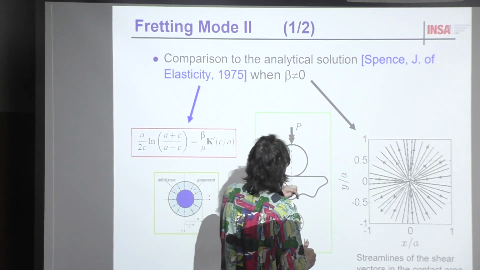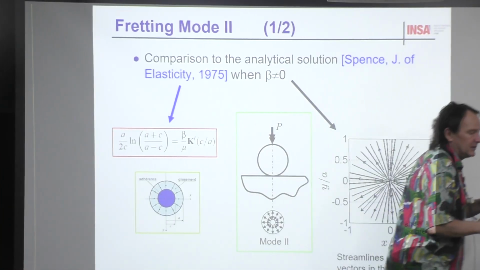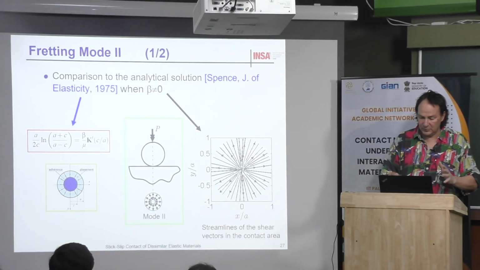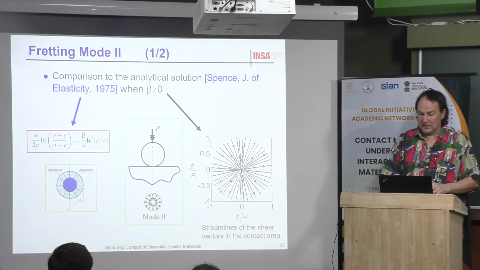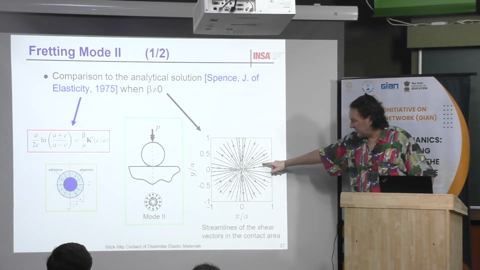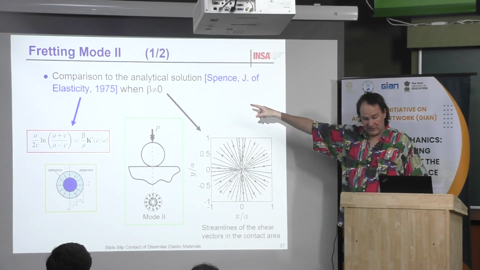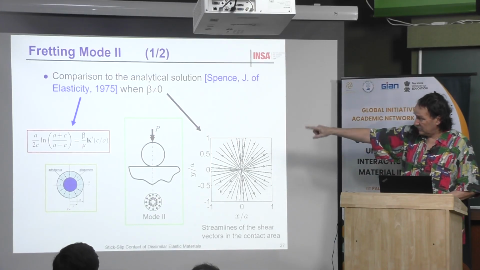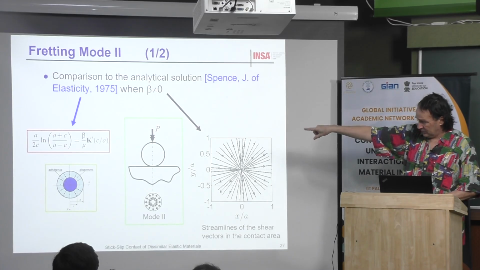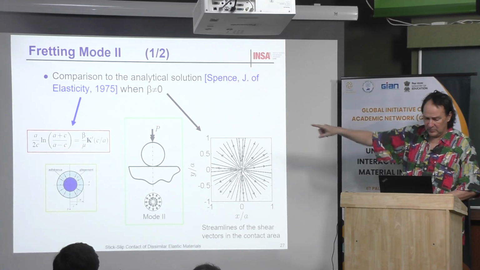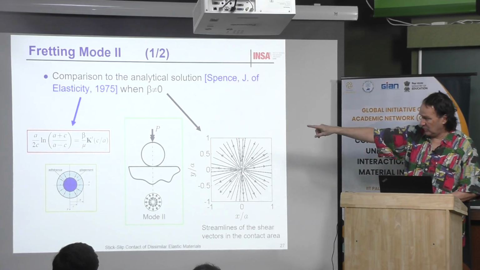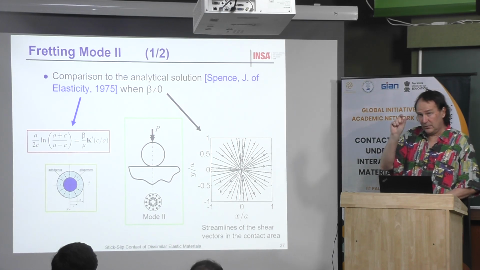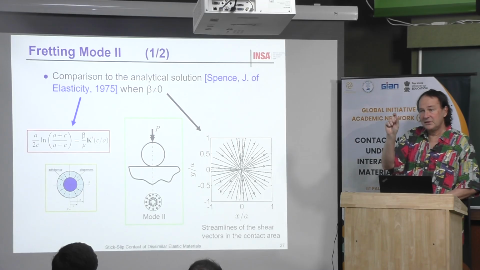And this has been studied by Spence. He gave the identical solution, or maybe not exact, approximate identical solution. And then you obtain that only when beta is different from 0, which is a Dundurs constant. And the Spence solution is given by what is within the red block here. I remember A is the contact radius, and C is the radius of the sticking disk.